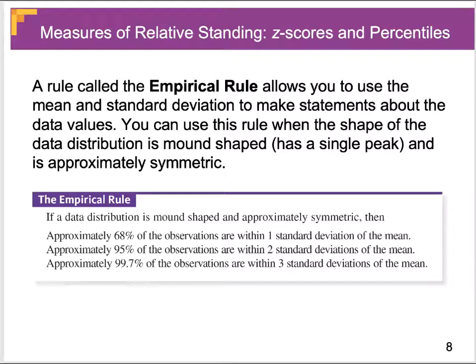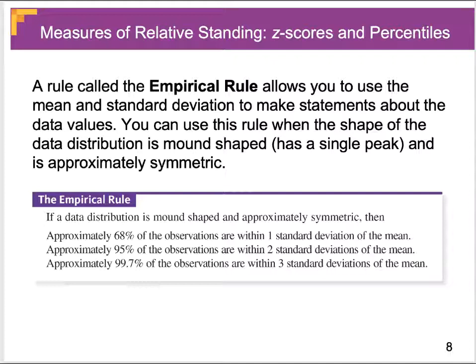We can formalize this idea with the empirical rule. And the empirical rule is a way for us to quantify what percentage of observations should fall within particular z-scores. 68% of the observations are going to be within 1 standard deviation of the mean. That means the z-scores will be between -1 and 1. Approximately 95% of the observations are going to be within 2 standard deviations from the mean.